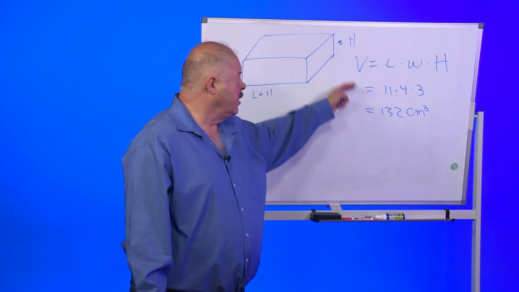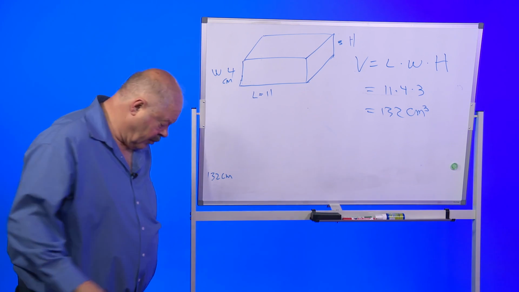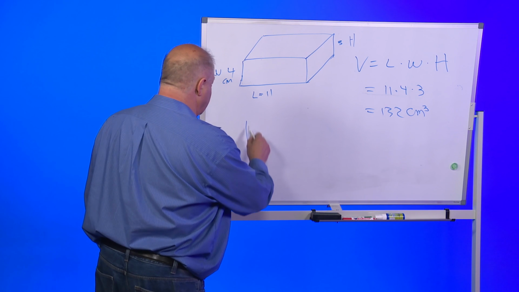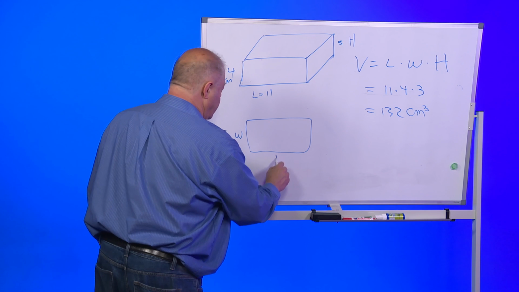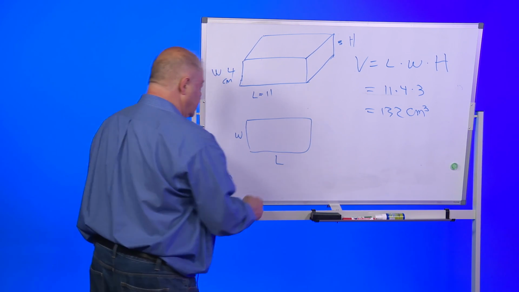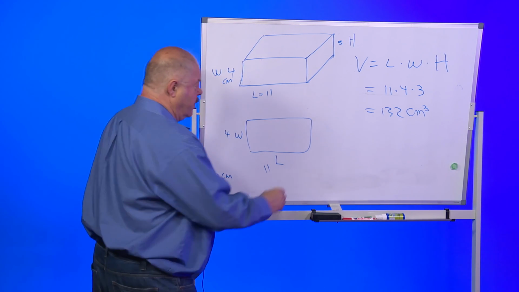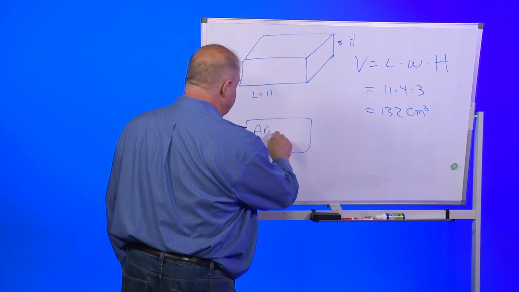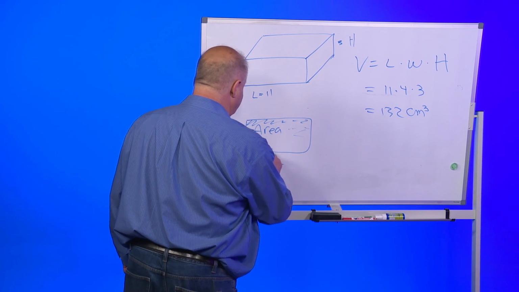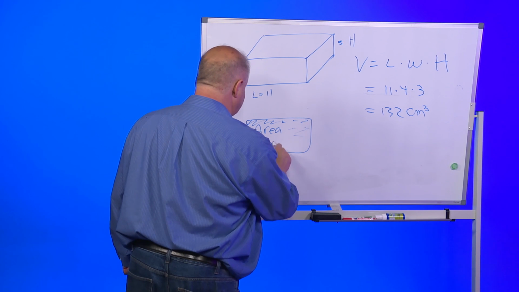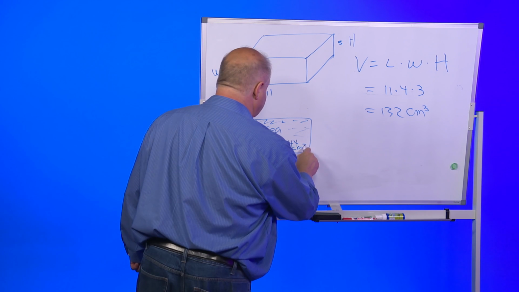If it's a volume, it has to be cubic. If it was an area, you remember the area of a rectangle is the length times the width. And so if this was 11 and this was 4, the area in this case, which is what we're looking at, all of this, would be equal to 11 times 4, which is 44 centimeters squared.